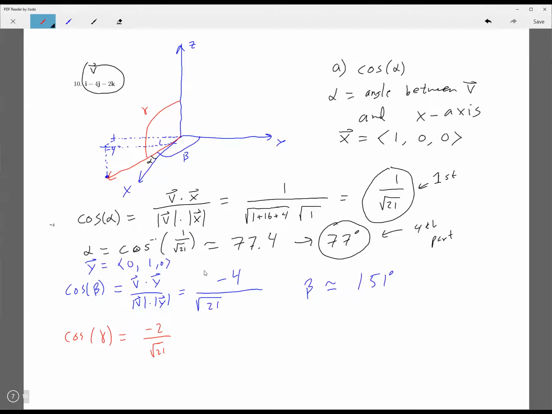So that's the answer to the second part. This is the answer to the third part.